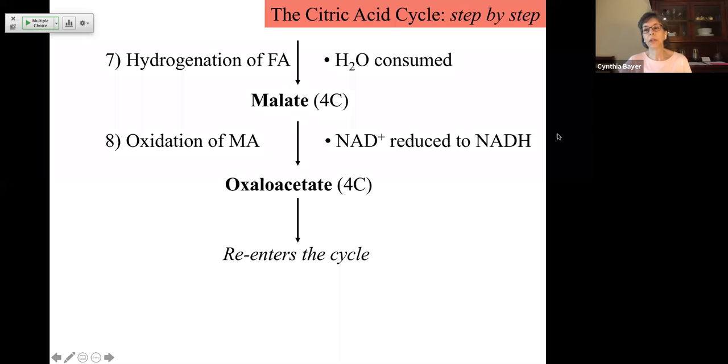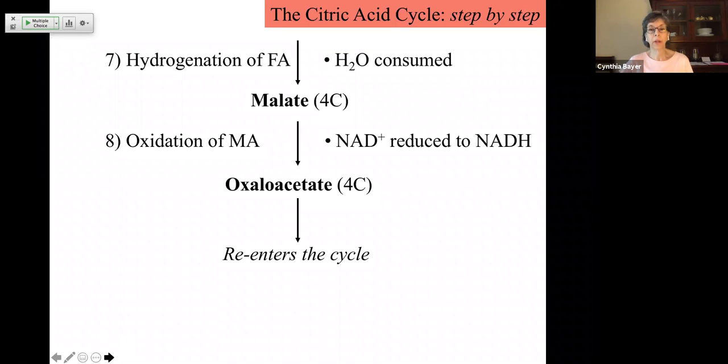That last oxidation produced another reduced electron carrier, NADH. So remember, every time an oxidation occurs, electrons are extracted from our fuel molecule, electrons are lost from the carbons, transferred to our electron carrier in the form of hydrogen atoms.